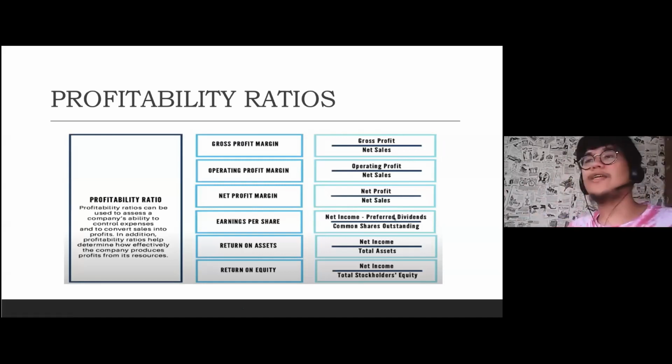Next, we have your EPS, your earnings per share. Your earnings per share is calculated by subtracting preferred dividends from the net income, because unang binabayaran yung mga preferred shareholders. Okay? Then dividing by the common shares outstanding.